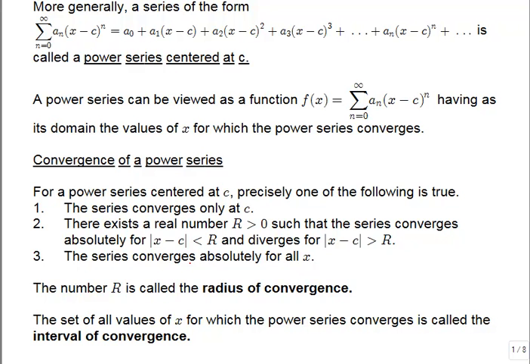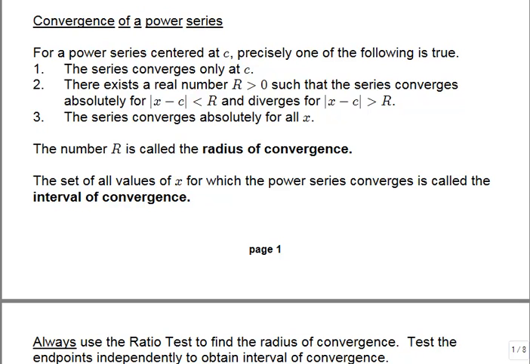This number r is called the radius of convergence. So in the first case, if you only converge at a specific number c, then we say that your radius of convergence is just 0. In the second case, if you converge for values of x that satisfy the absolute value of x minus c less than r, then r is going to be a specific number that you will solve for in the problem.